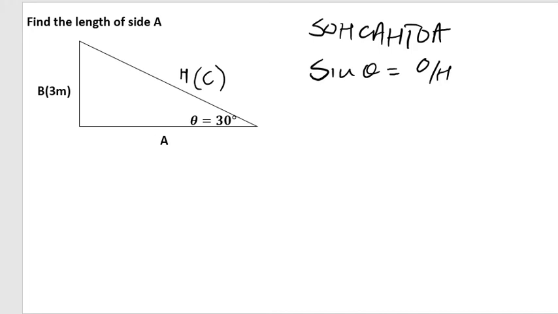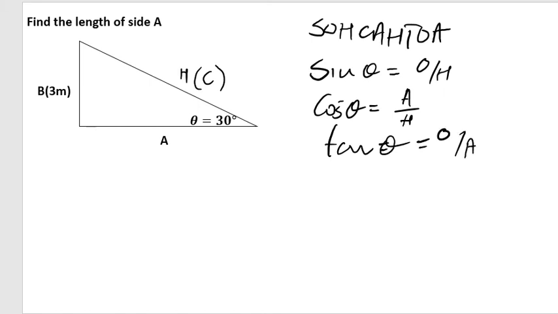And then this simply means your cos theta is equals to adjacent over hypotenuse, and then your tan theta is equals to opposite over adjacent.